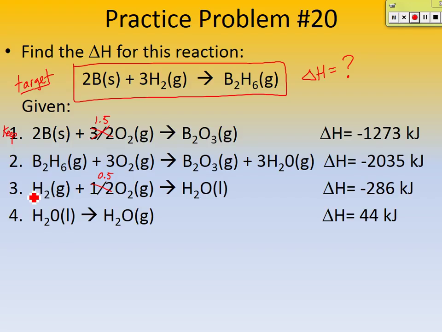What do I need to do with equation number 3 then? I need to times this by 3. So here's the note that I make. Times by 3. Okay, so I make a little note of times by 3 this equation, which means that I've got to do what to the delta H here? I got to times this by 3. So make a little note by the delta H, what you're doing. Okay?